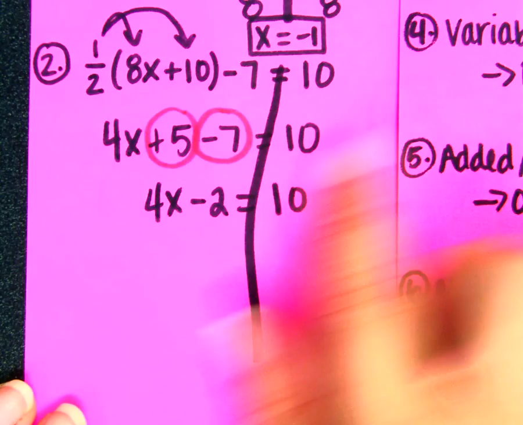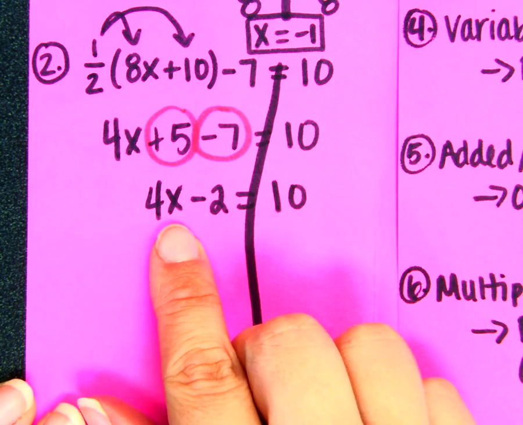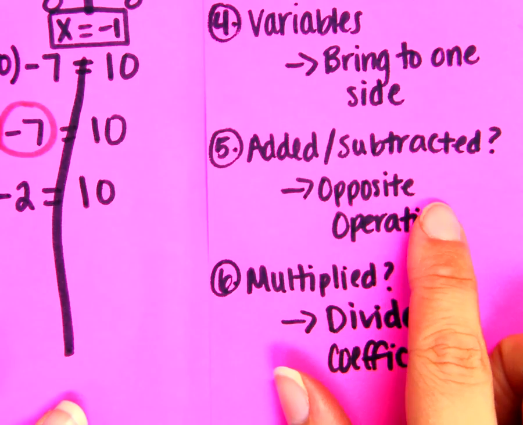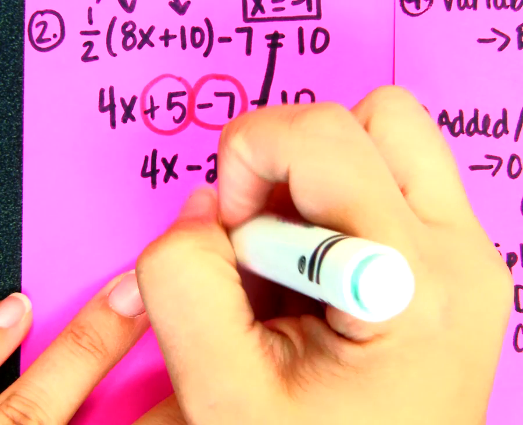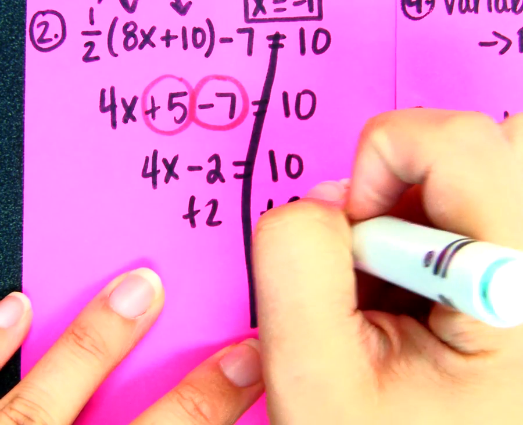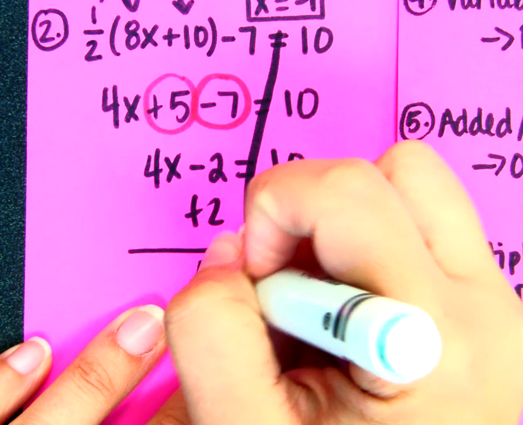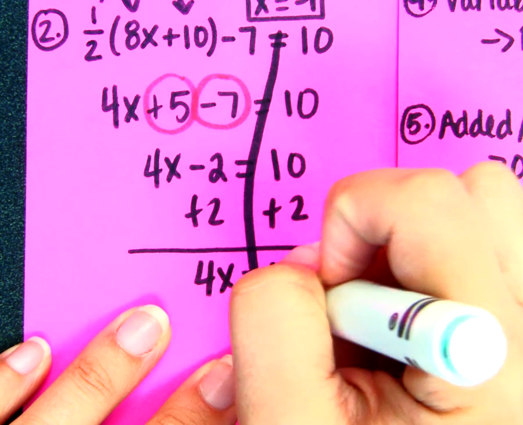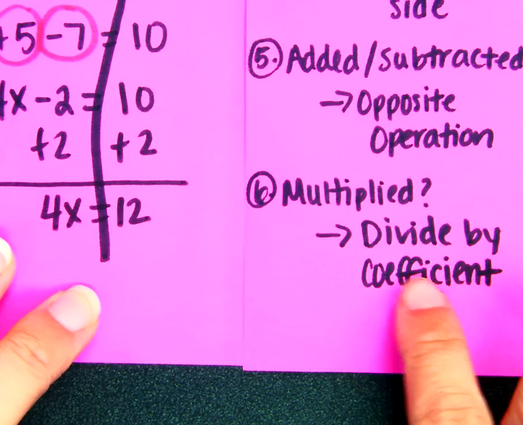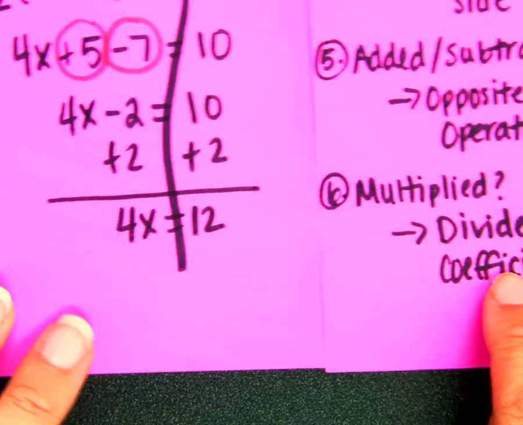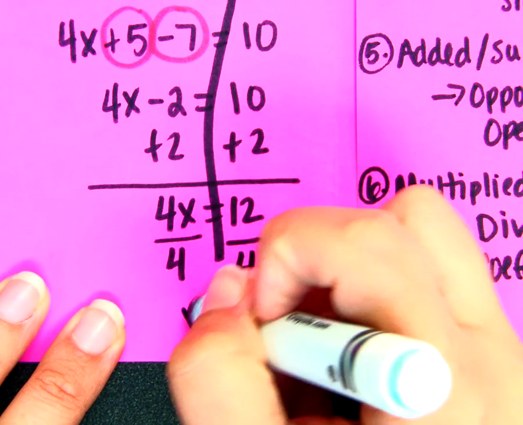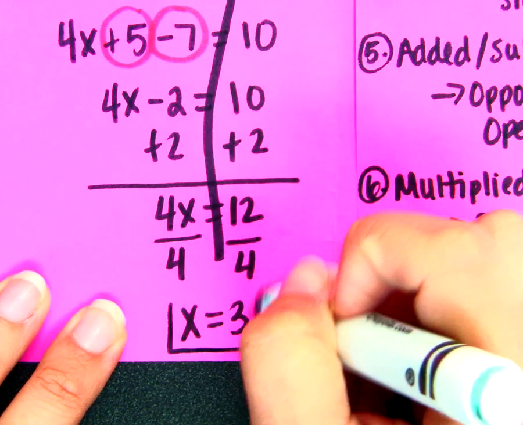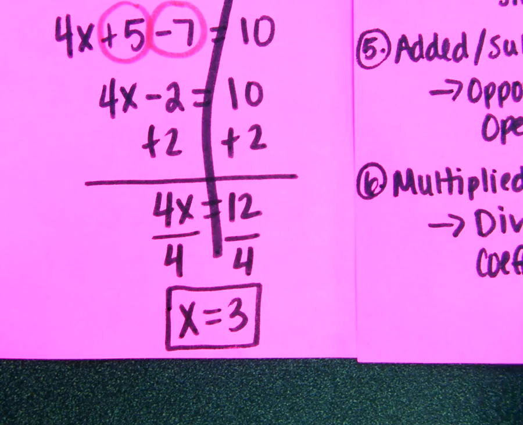Variables. Our variables are all on one side. Adding and subtracting. Well, we have a subtraction here, so we're going to add 2. You're left with 4x equals 12. And then is something being multiplied? Yes. So we divide by the coefficient. x equals 3. That is your final answer.